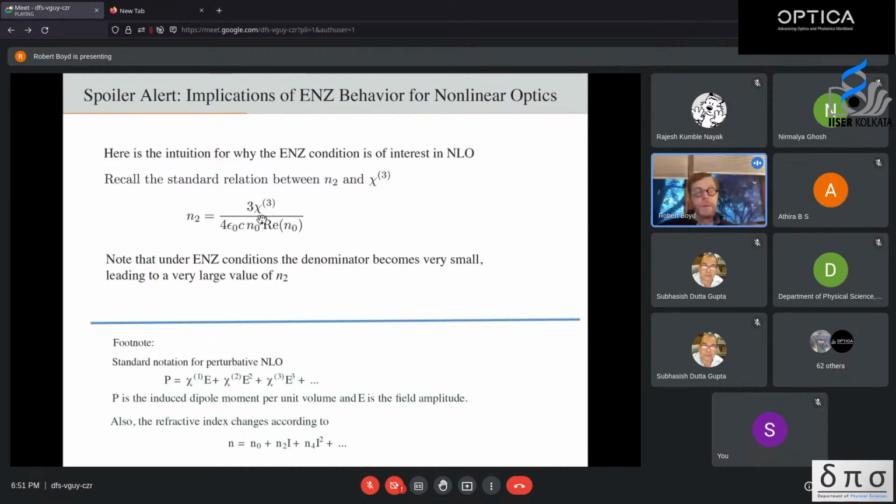You can talk about chi3, or you can talk about n2, and these two quantities are defined down here. But the relationship between n2 and chi3 is shown here. And you see that the real part of the refractive index appears in this denominator. So if we are working under epsilon near zero conditions, the refractive index is going to be very close to zero. That means a very small denominator and a very large value of n2.